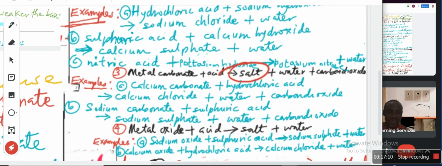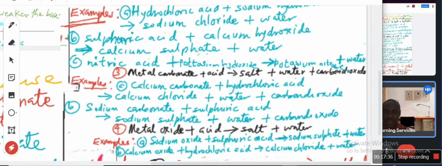It's almost like the previous one we did. The only additional thing here is carbon dioxide. Whenever you carry out this experiment, you see carbon dioxide bubbling out, like what you get in fizzy drinks. That thing that bubbles out is carbon dioxide as a result of the reaction.